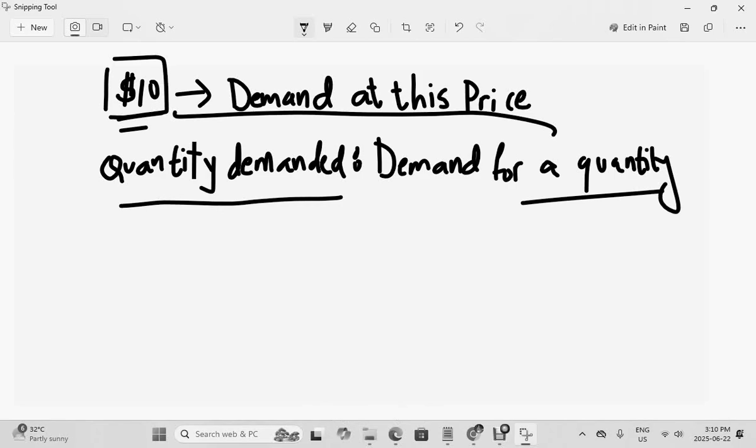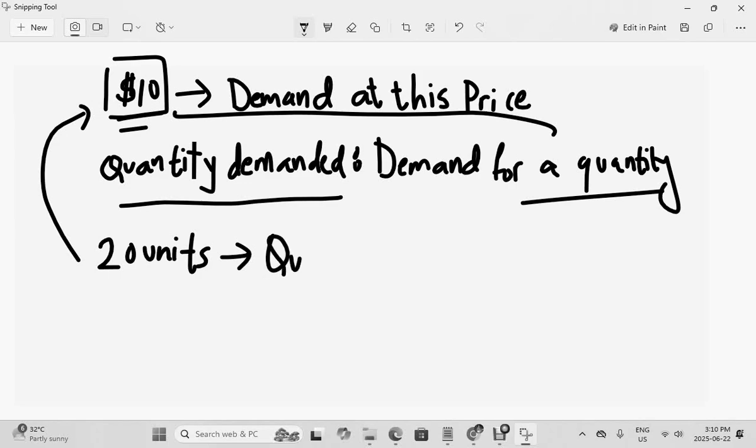So if the company was to produce 20 units, that would be the quantity demanded. So, quantity and demand.